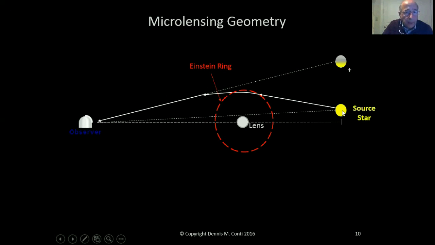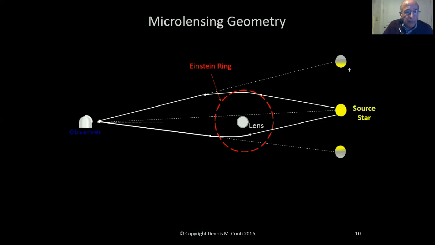Likewise, there will be another image formed on the other side of the ring, again based on the light rays from the source star being bent a little bit closer to the lens. So the three images, the original image of the source star and the other two images, all merge together into one bright object.